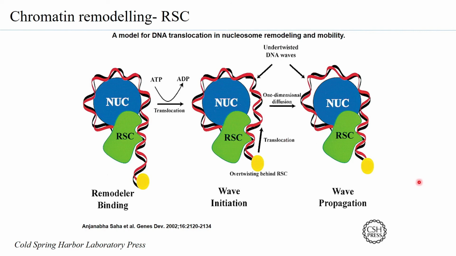So this shows how the DNA wrapped around the nucleosome core particle can be changed. That means the region that was part of the nucleosome core DNA may not remain part of the core DNA after the translocation of the DNA around the nucleosome core particle.